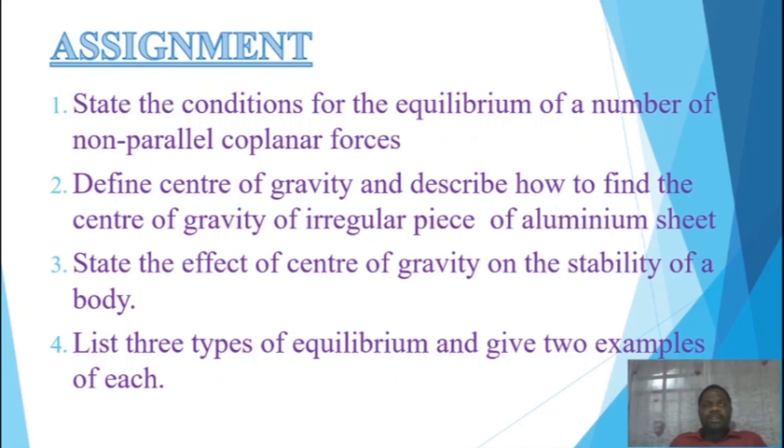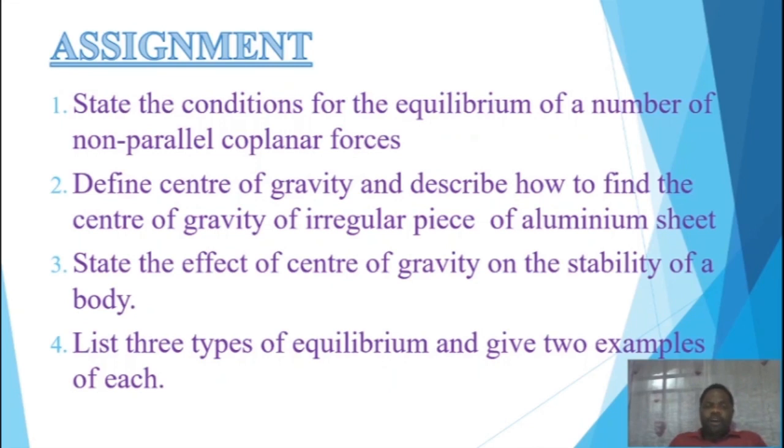That means the sum of upward forces will be equal to the sum of downward forces. We also say the algebraic sum of all the moments of forces about any point will be 0. That means the total clockwise moment will be equal to the total anti-clockwise moment.